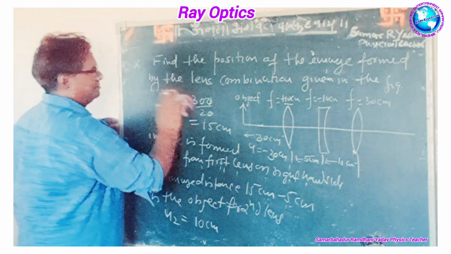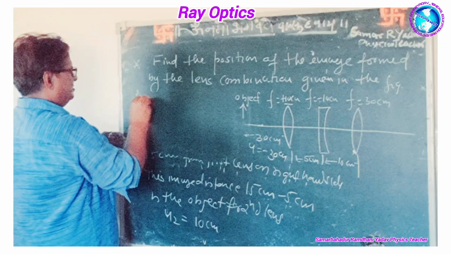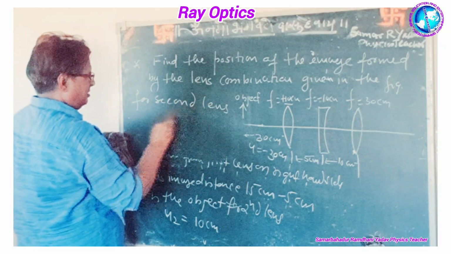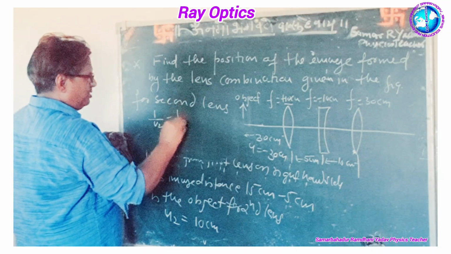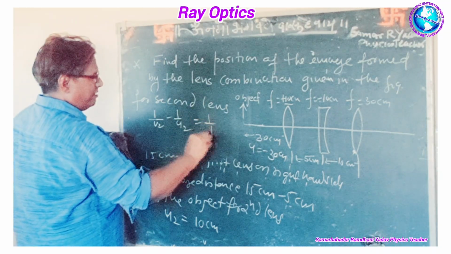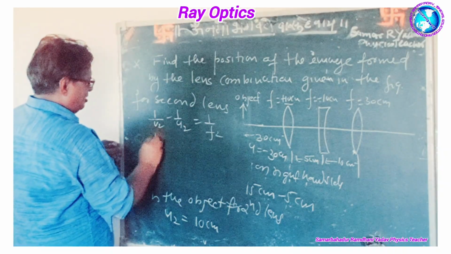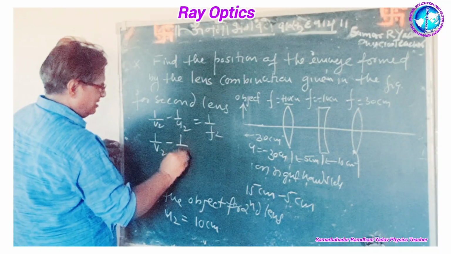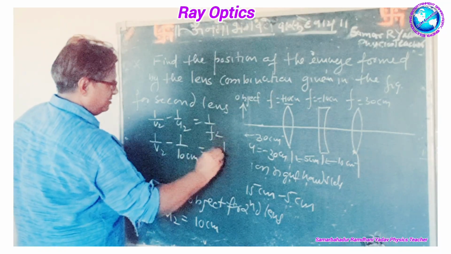Therefore for the second lens, 1 upon v2 minus 1 upon u2 is equal to 1 upon f2. Therefore 1 upon v2 minus 1 upon u2, where u2 is given as 10 cm, and f2 is also given, that is minus 10 cm.